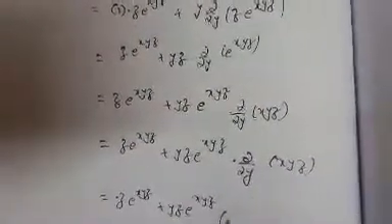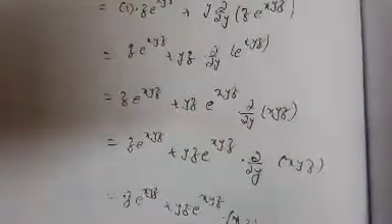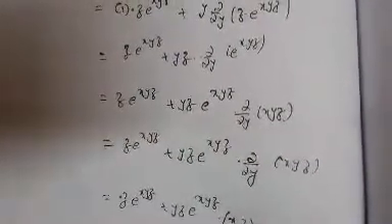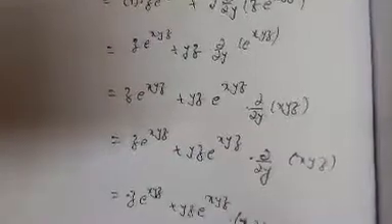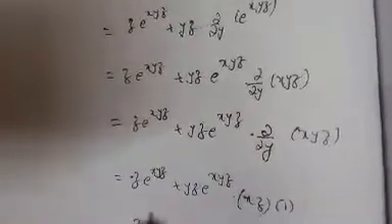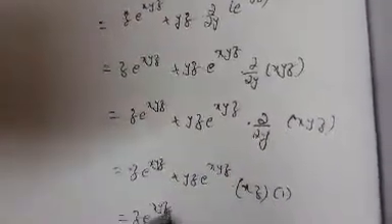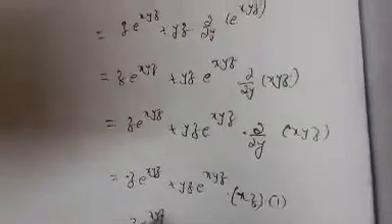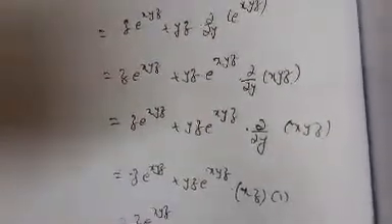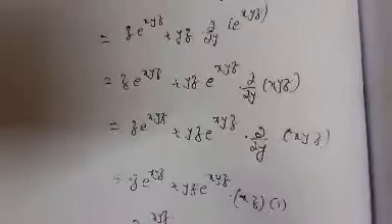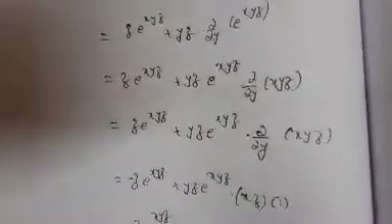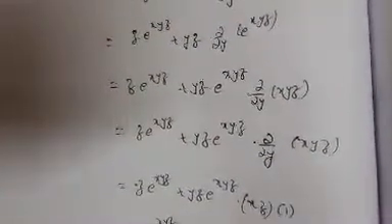With respect to y, xz is constant and the derivative of y is 1. So therefore z e power xyz plus x y z square into e power xyz.